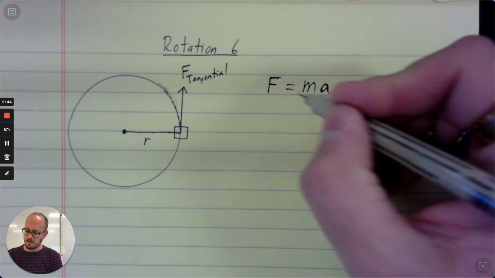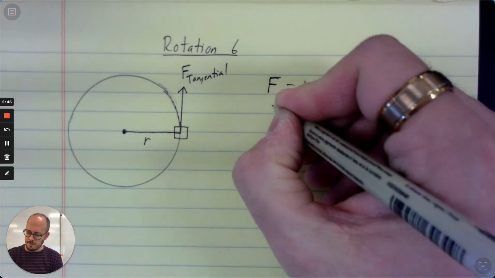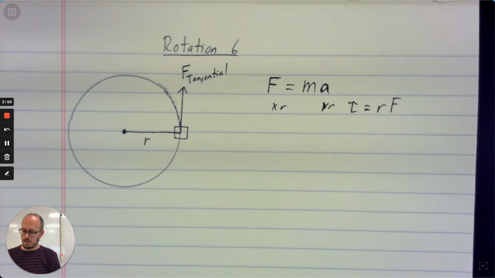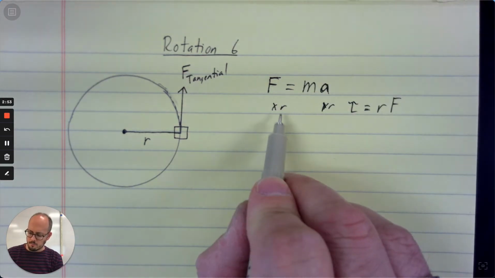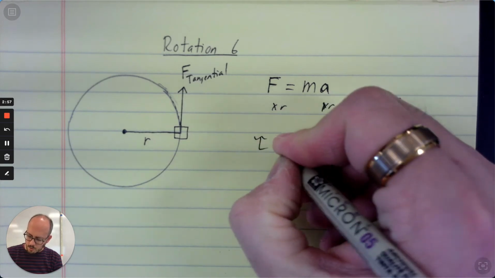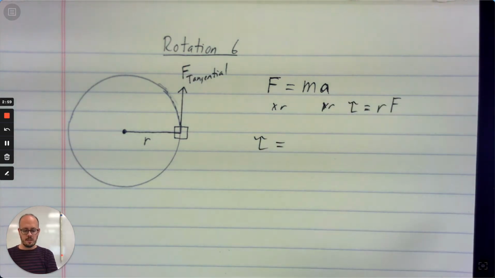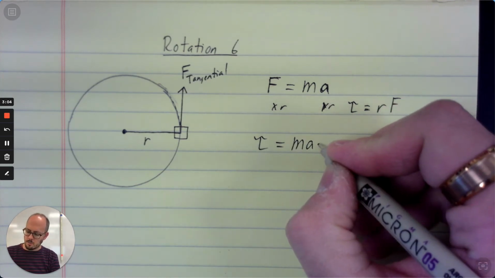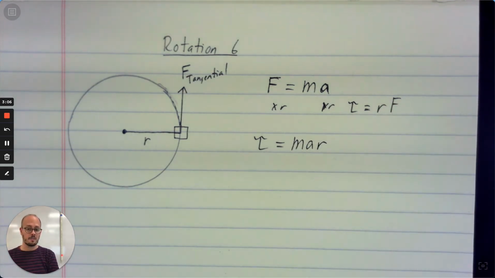So I'm going to take this equation and multiply both sides by that value of r. I get force times r, and that's equal to torque. So the torque that I exert is equal to mass times acceleration times whatever that r is.